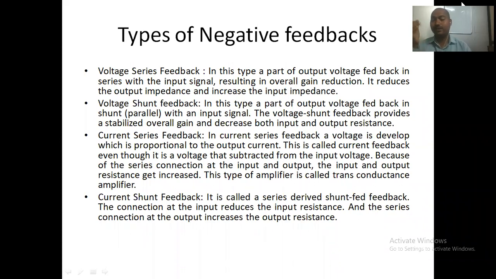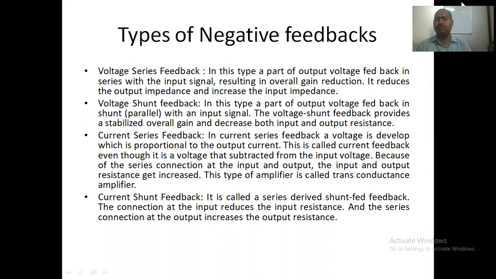Because we don't discuss this with respect to the oscillator; we discuss more with respect to the amplifier. We know that in case of an amplifier, we use negative feedback. That's why we look at the negative feedback in detail.